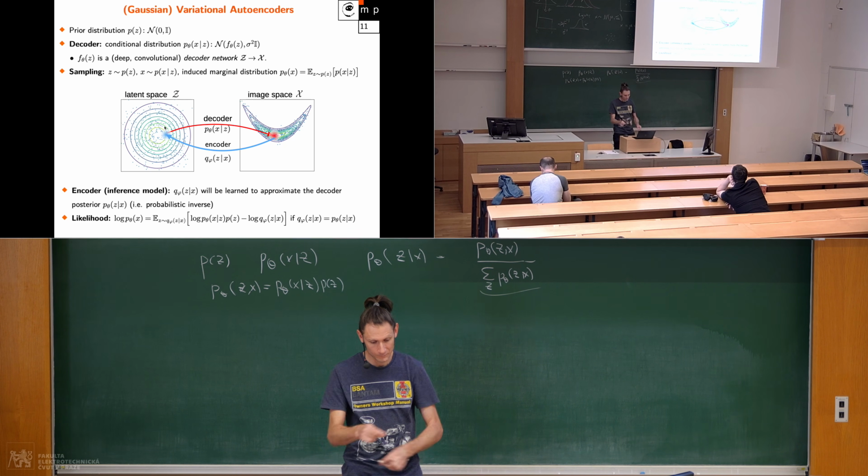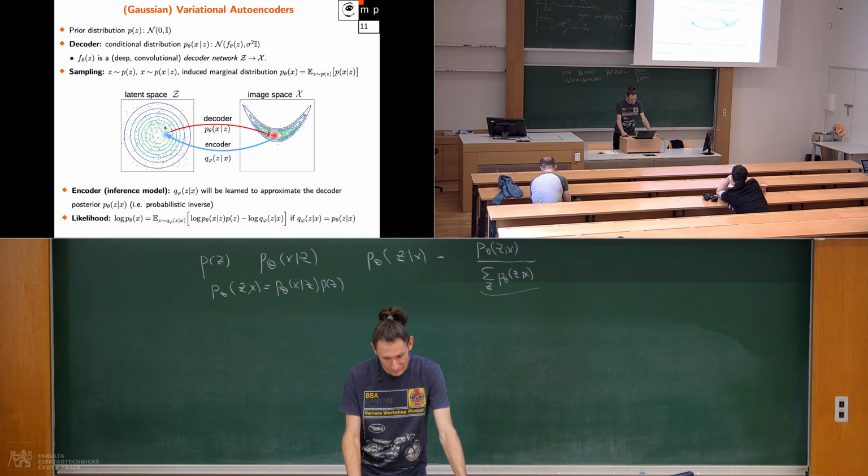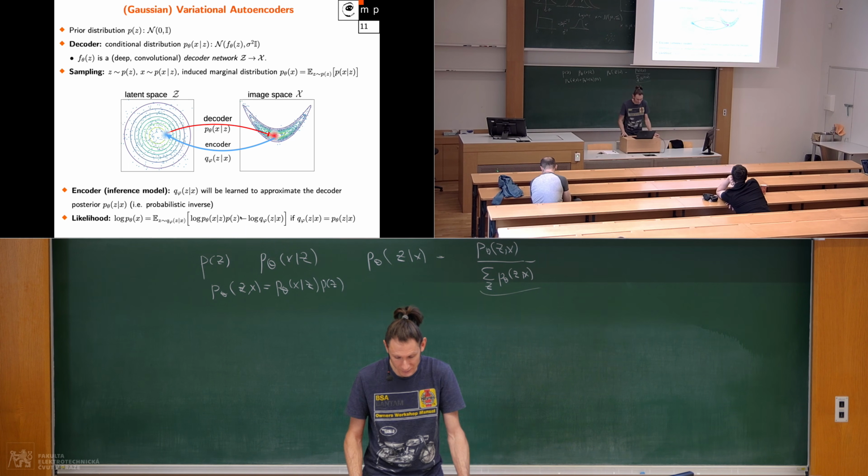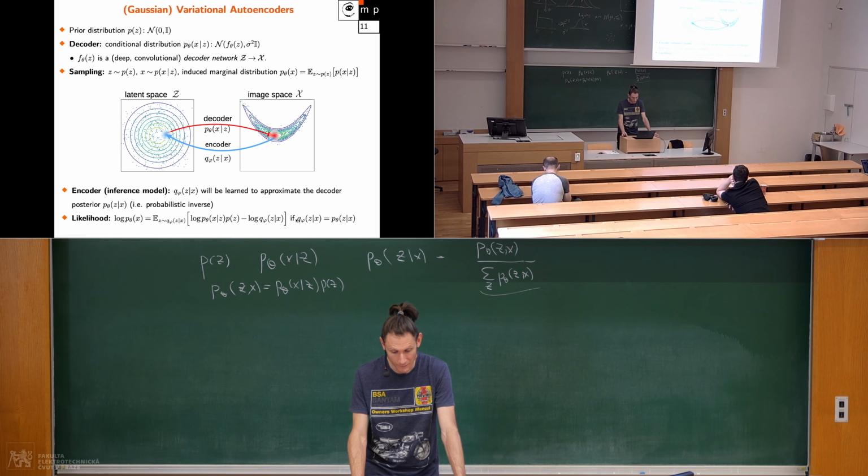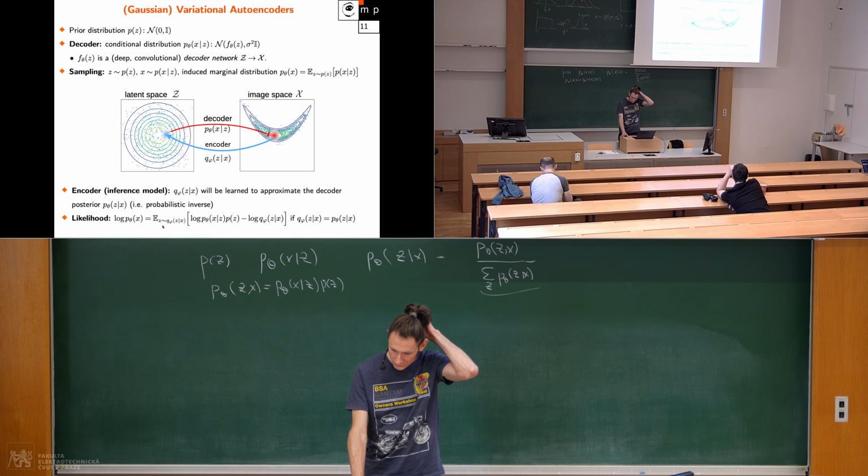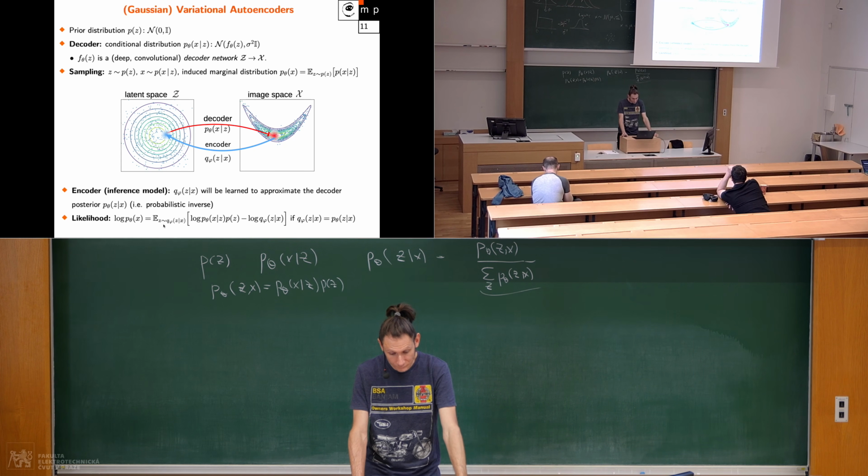Then it turns out that the likelihood of this decoder can be expressed in such a form, and we will see the derivation later. But now on the level of the idea, it will be expressed in a form that consists of components that we have.